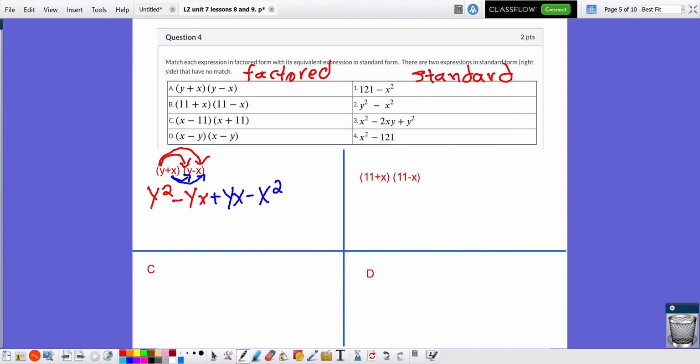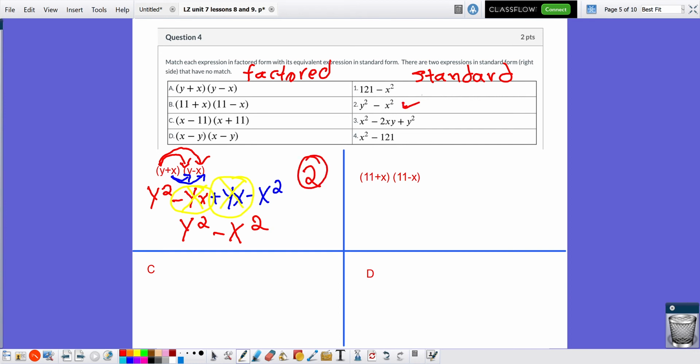So here I can see that negative yx and positive yx will cancel, and my expression will be y squared minus x squared. So the one that says y squared minus x squared is number 2. So we got number 2.